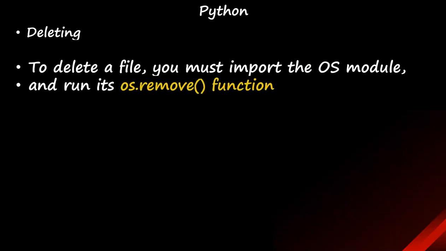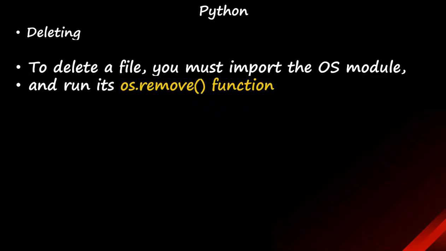Now, deleting a file. If you want to delete a file with some path mentioned, how do you delete it? To delete a file, you must import the OS module, because the operating system is involved with a file, with a path, and all the properties of a file.